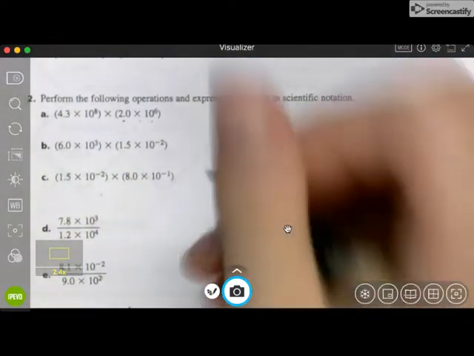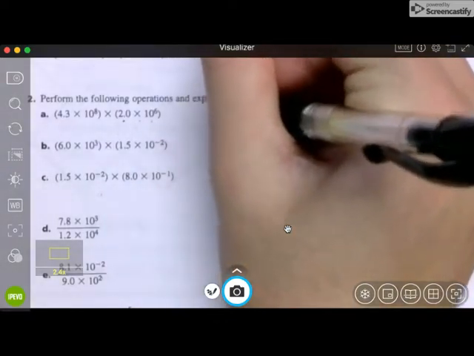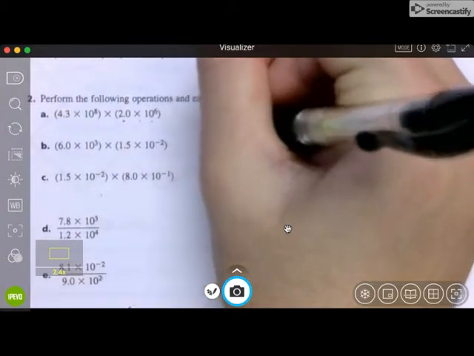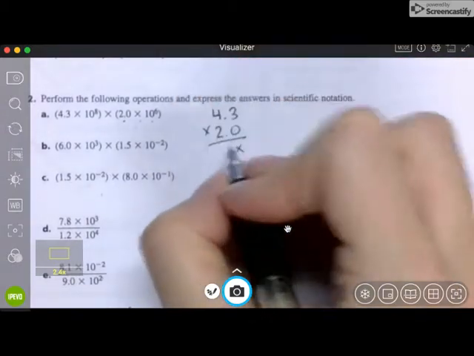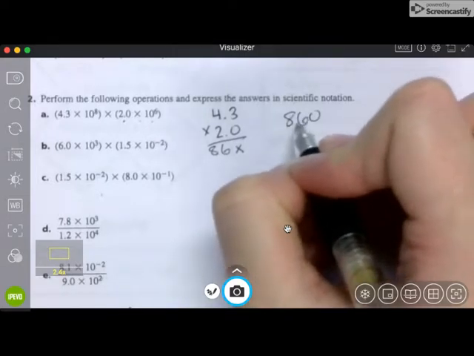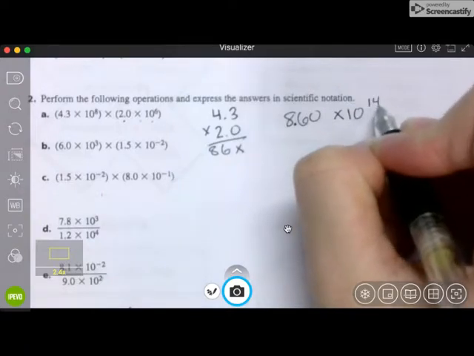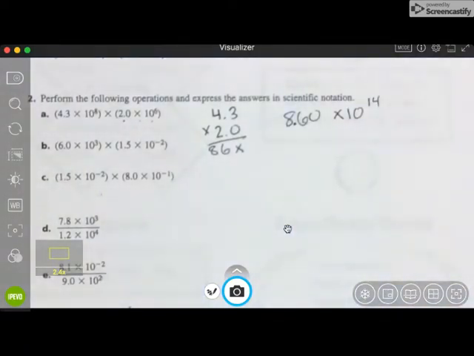So for these, I have 4.3 times 2.0, which is 8.60 times 10 to the 14. Right?